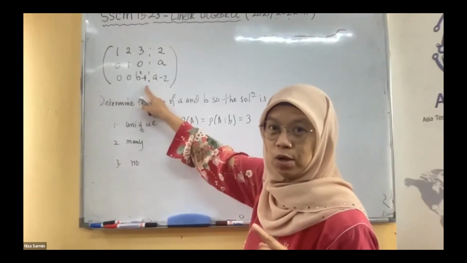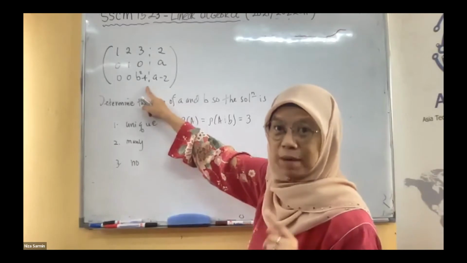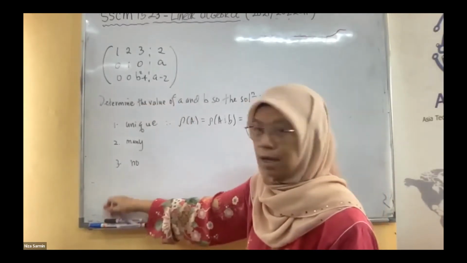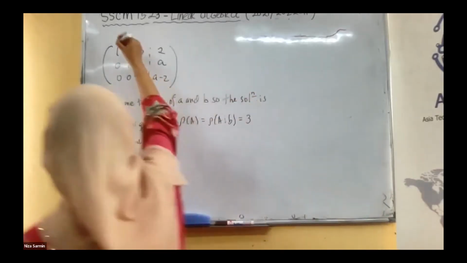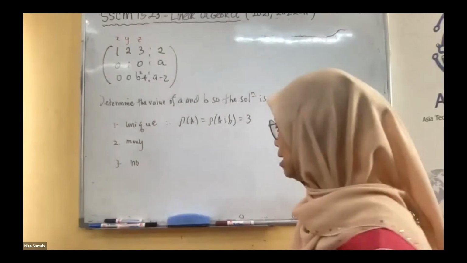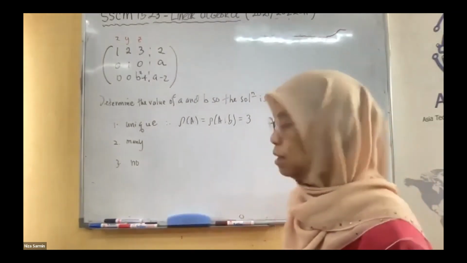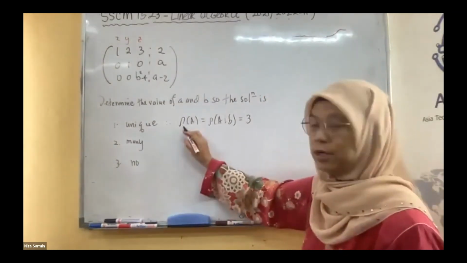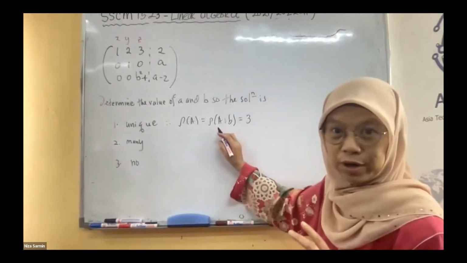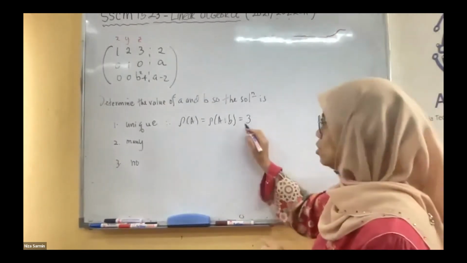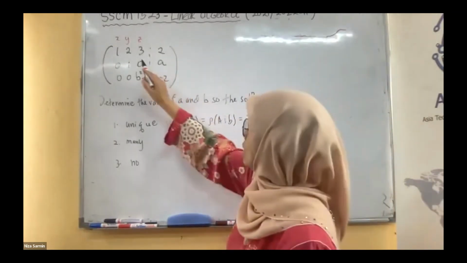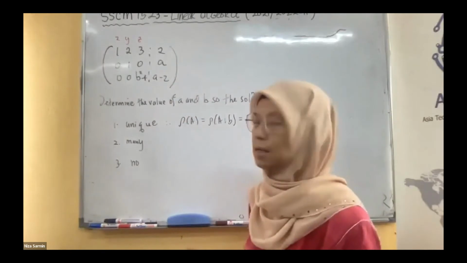You have 3 columns, X, Y, Z, so you know that there are 3 variables. For it to be unique, you want the rank of A to be equal to the rank of the augmented matrix, equal to 3.